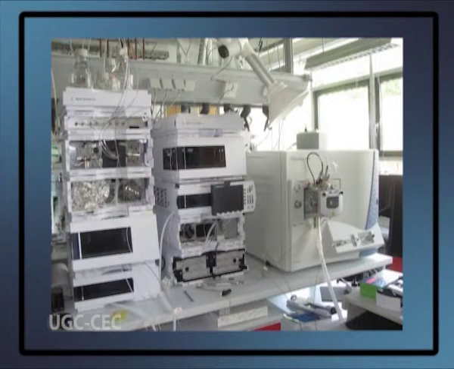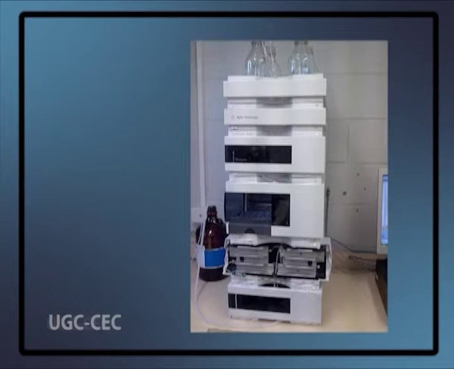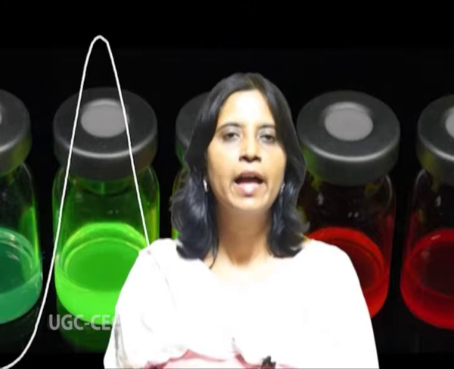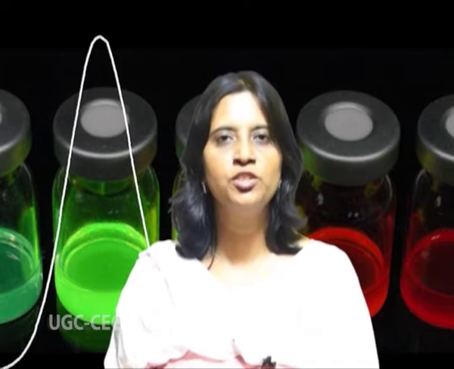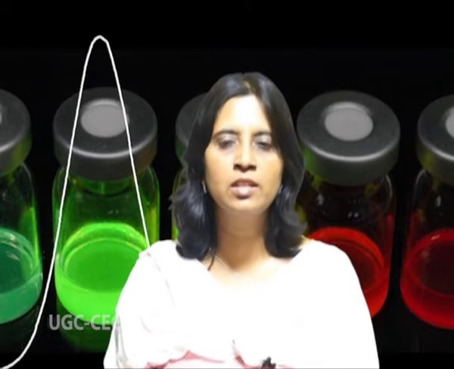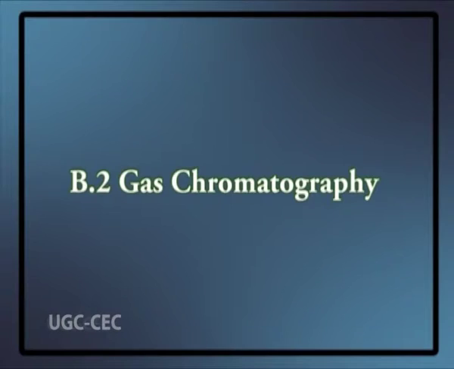These separated components are detected at the exit of the column by a flow-through device or detector that measures their amount. The output from the detector is called a liquid chromatogram. In principle, LC and HPLC work the same way except the speed, efficiency, sensitivity and ease of operation of HPLC is vastly superior.